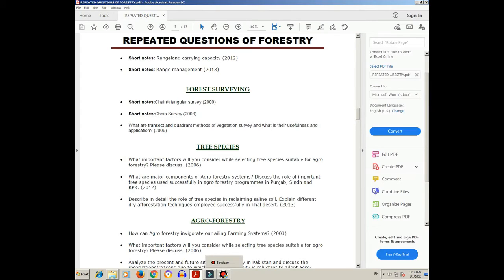Rangeland carrying capacity. 2012 Short notes. Range management.